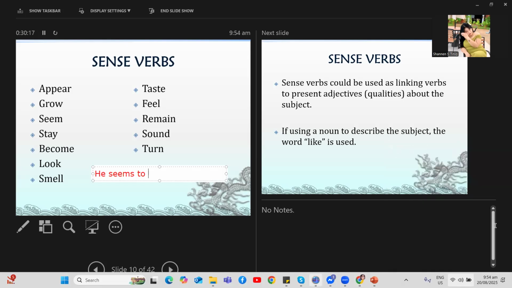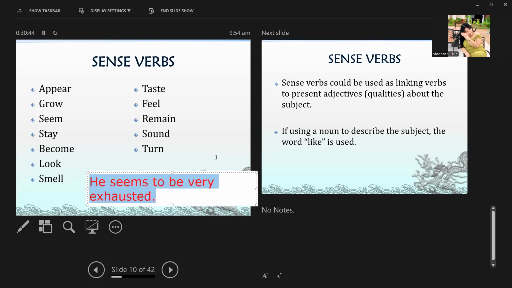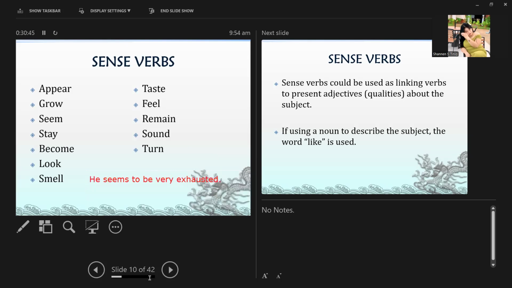He seems to be very exhausted. Okay, so mas makita niyo na. Ay, maliit pa rin.